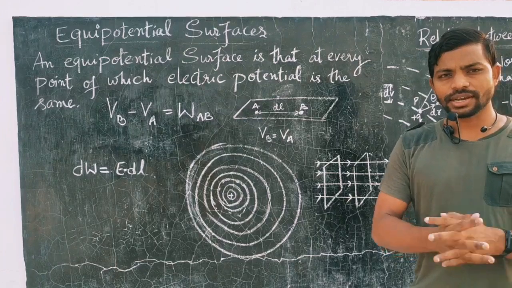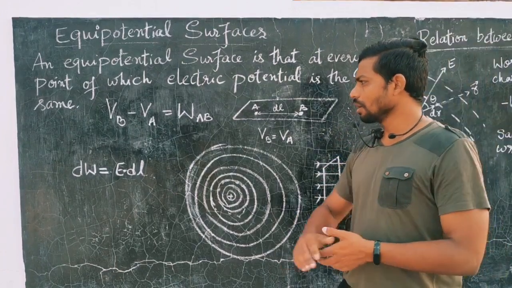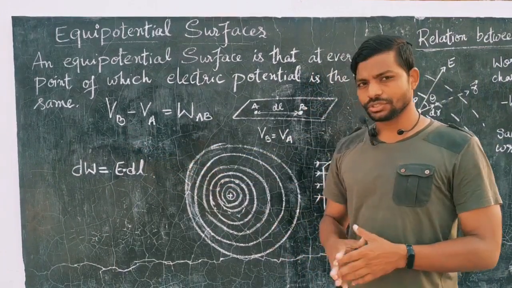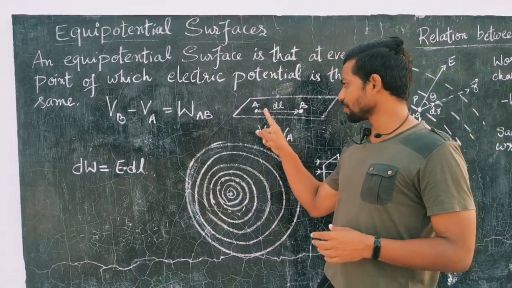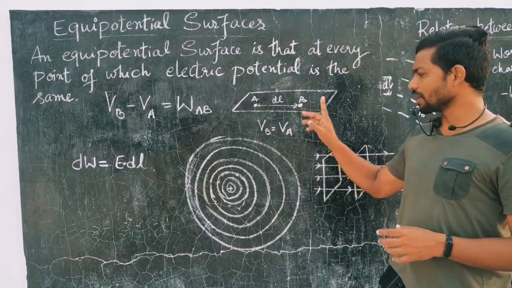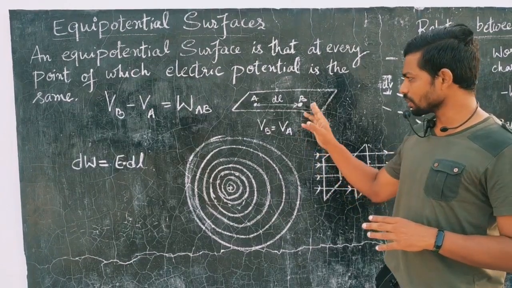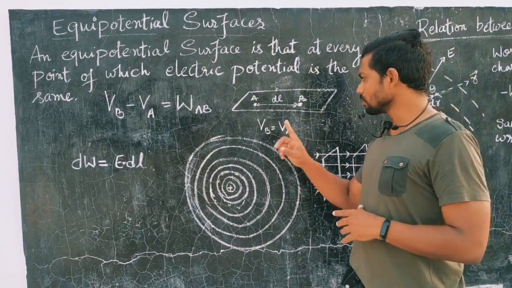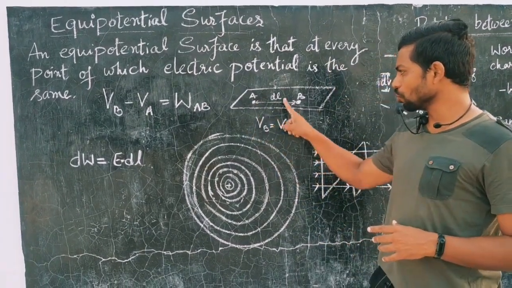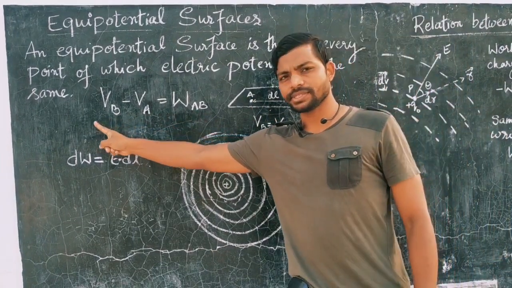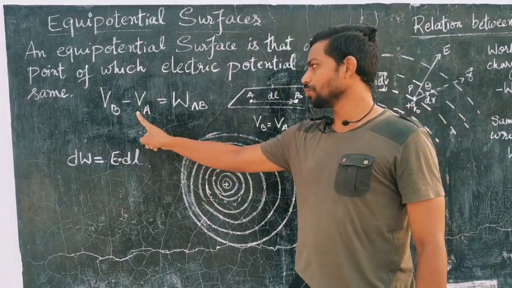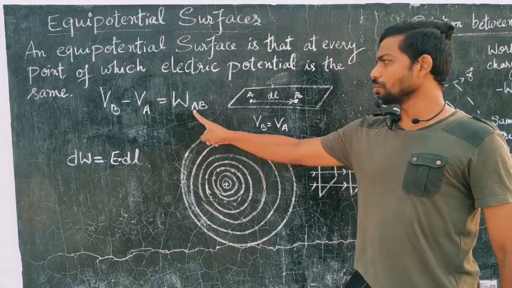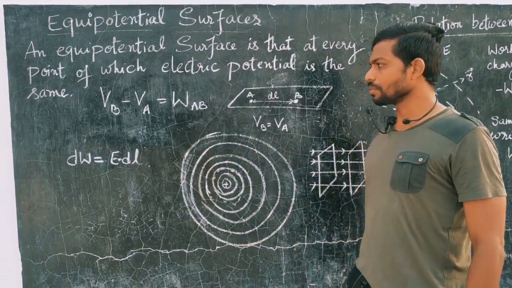Let us try to understand it better. We generally know by definition the potential difference between point A and point B. It is nothing but the work done to move a unit charge from point A to point B, which is expressed in this form: VB minus VA is equal to work done to move a charge from A to B, right?